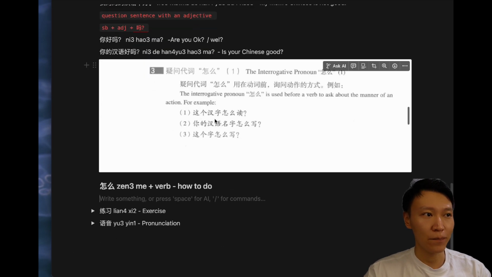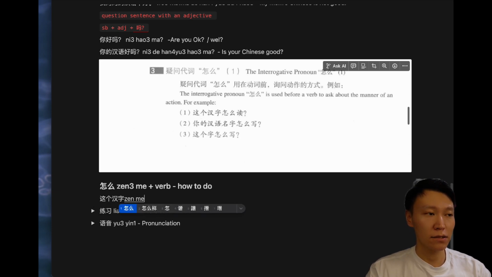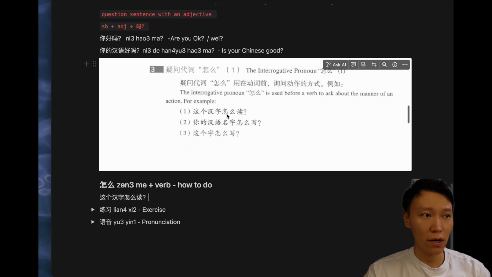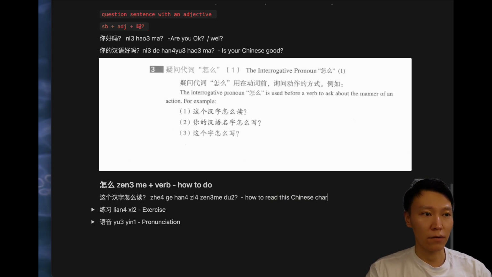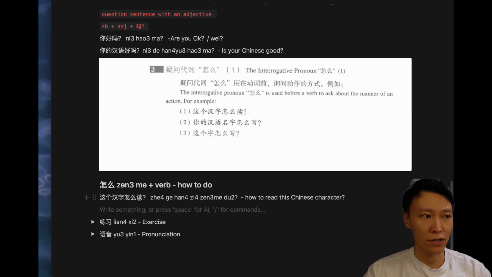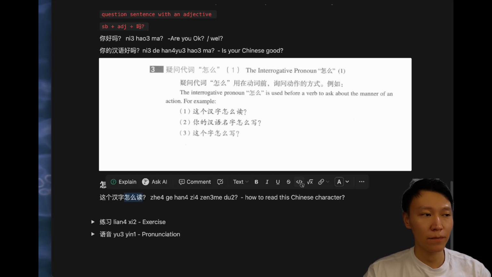For example, 这个汉字怎么读? 读 means to read, so 怎么读 is how to read. How to read this Chinese character.